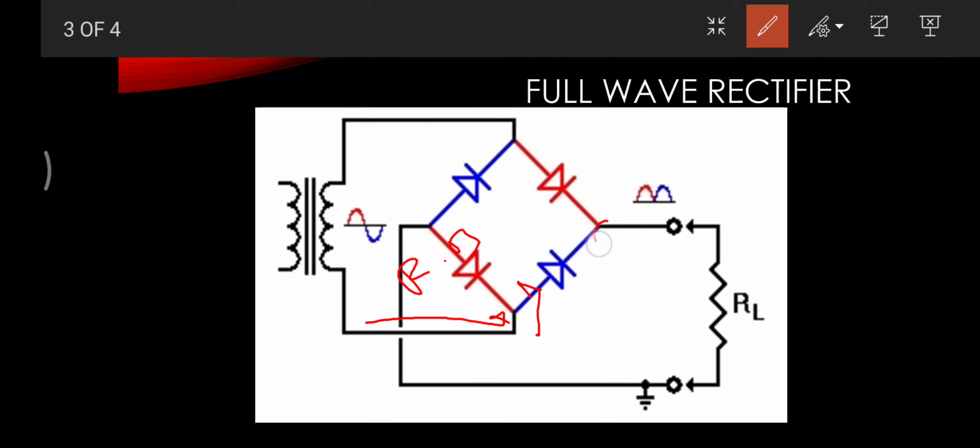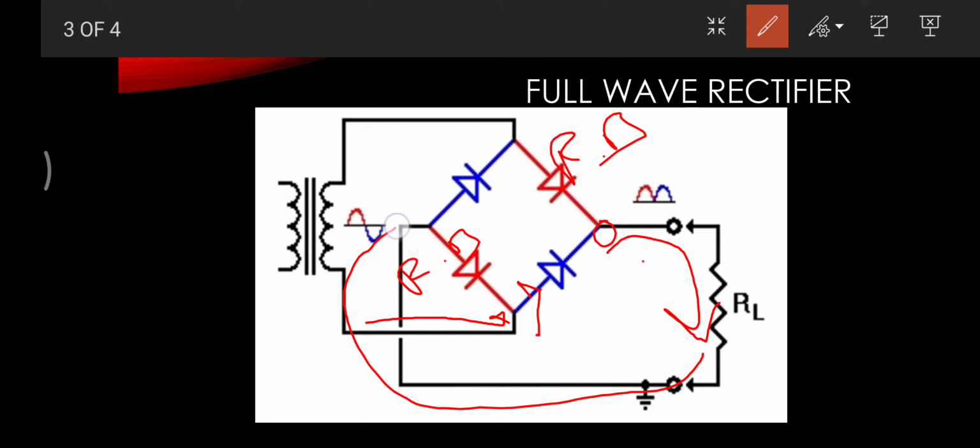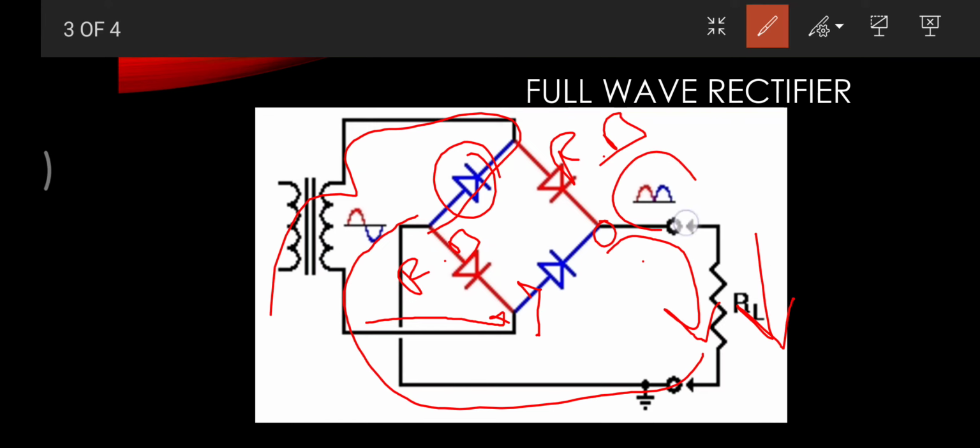When it appears at this point, this is reverse biased, and it again takes this path, and the direction of current is the same. Now it returns to complete the circuit, it finds this one, and goes this way to complete the circuit. As the flow of current is unidirectional, the output appears unidirectional.